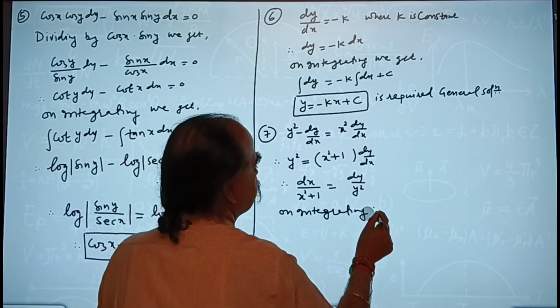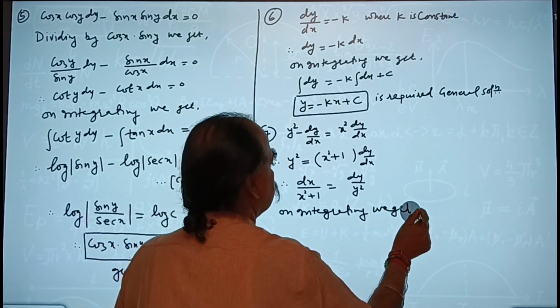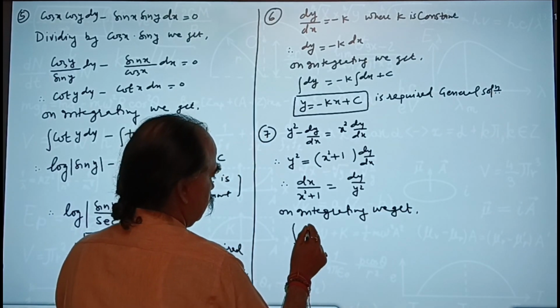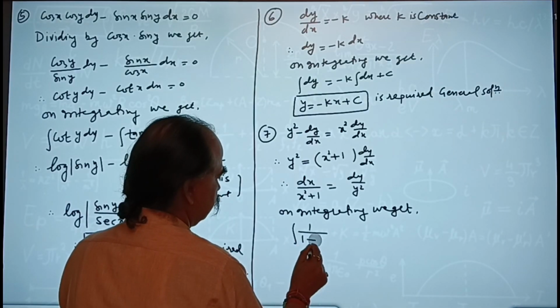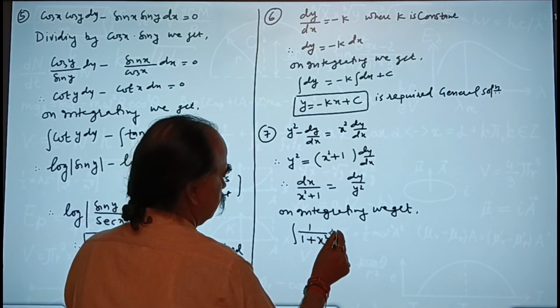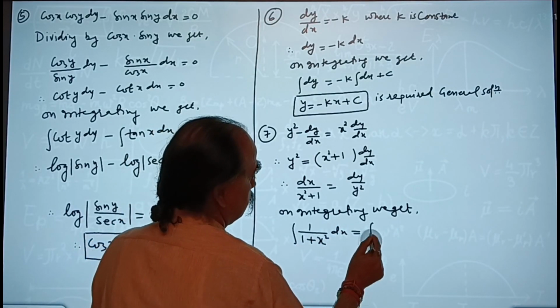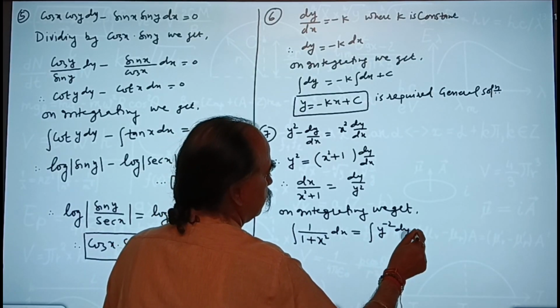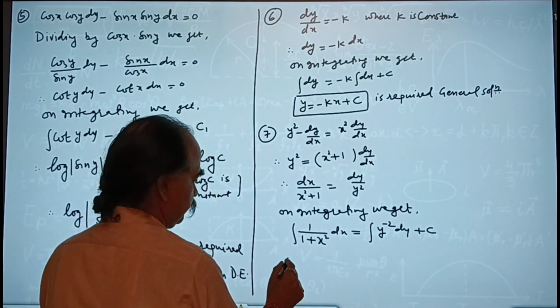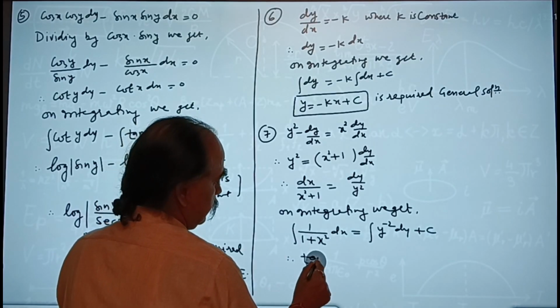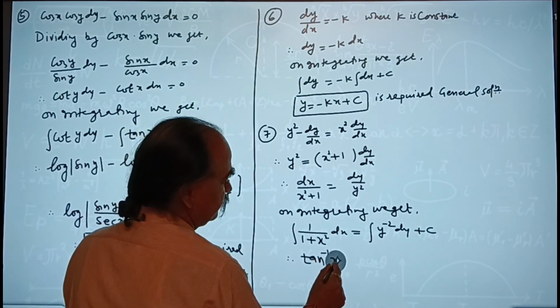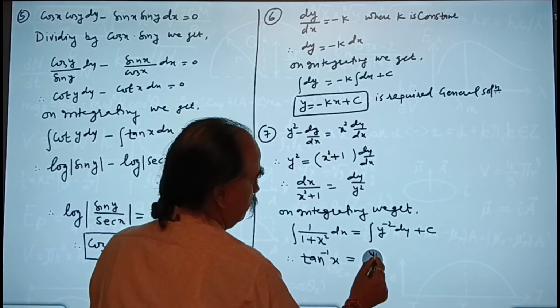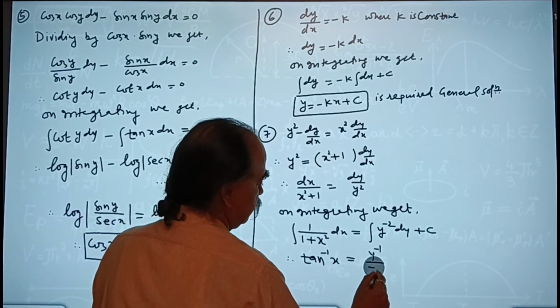On integrating we get integral 1 upon 1 plus x square dx is equal to integral y raised to minus 2 dy plus c. Integral of this is what? Tan inverse x equals y raised to minus 1 upon minus 1.